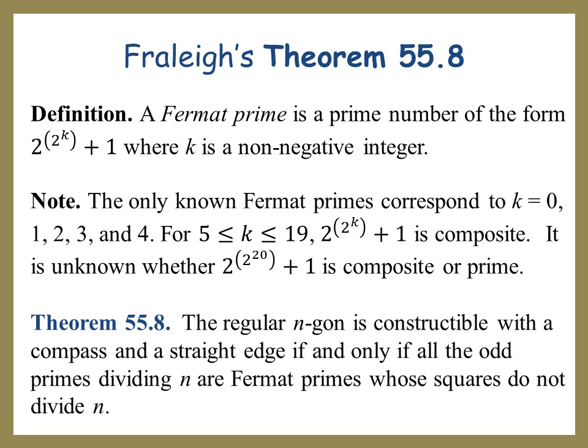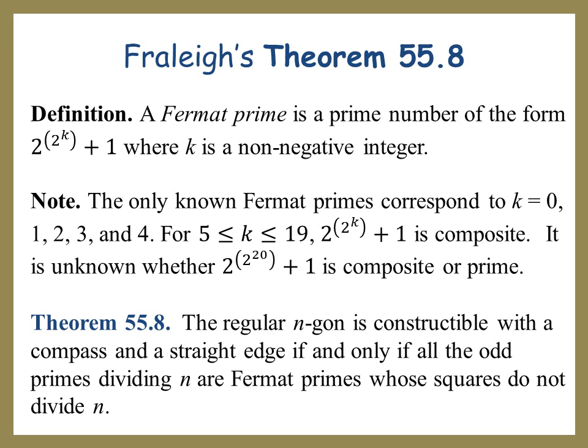Notice that this implies that a regular n-gon is not constructible for n equals 7, 9, 11, 13, 14, 18, and 19, for example. Constructions for regular n-gons for n less than or equal to 20 were given, or implied, in Euclid's Elements for all possible cases except n equals 17.